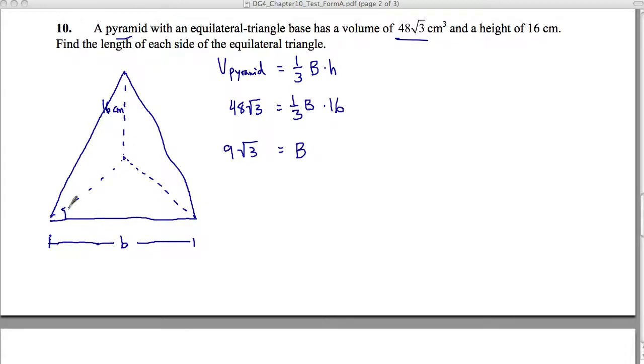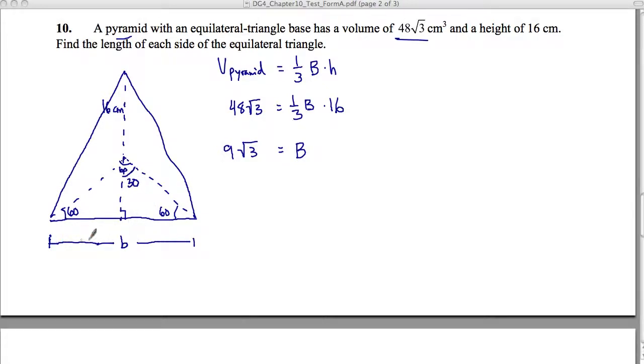This is 60, this is 60 and 60. Bisect that angle, and notice what we get. A right angle here, and here a 30-degree angle. All right, so we have a 30, 60, 90 triangle.